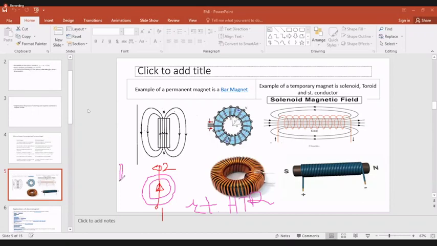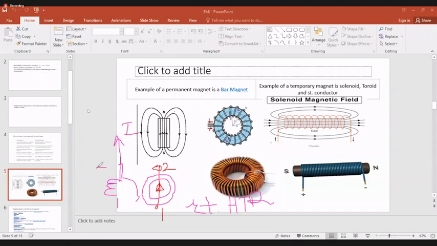The thumb shows the direction of the current. Then hold the conductor in the right hand like this. Then what happened over here? The thumb is up, so the thumb shows the direction of the current.